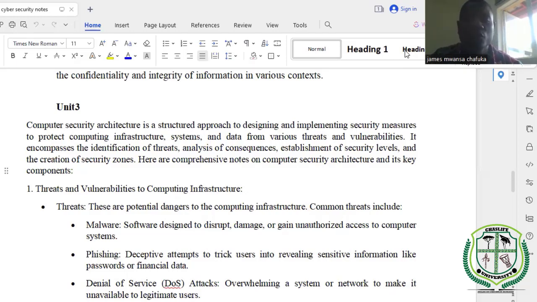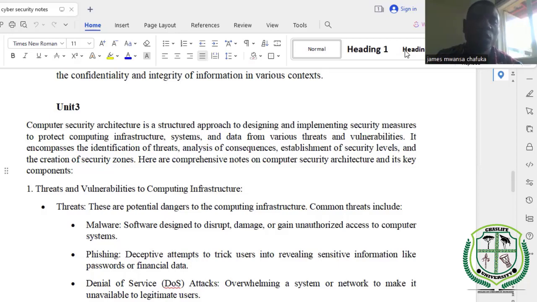So the main purpose is to identify the threats, analyze the consequences, and establish security levels.